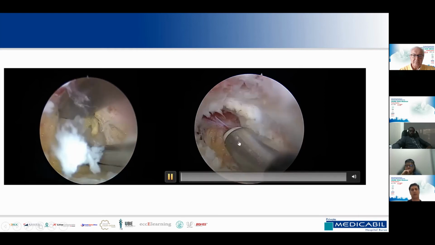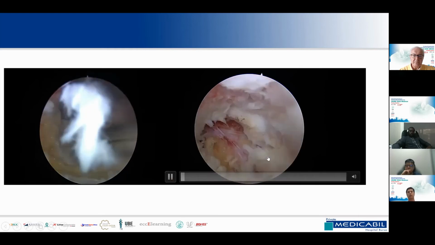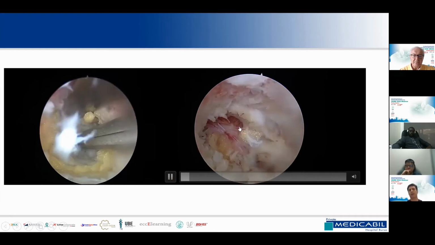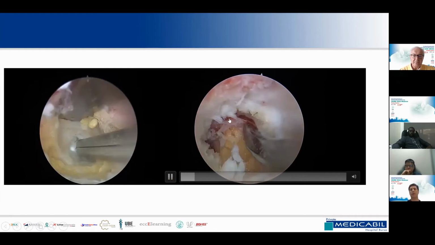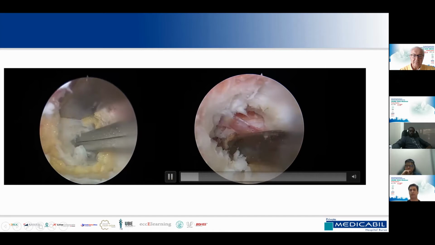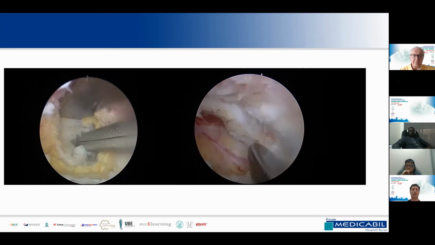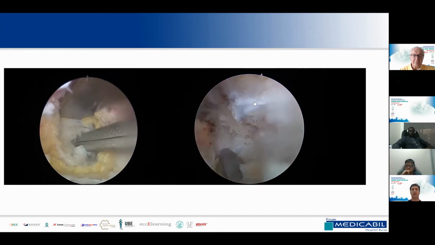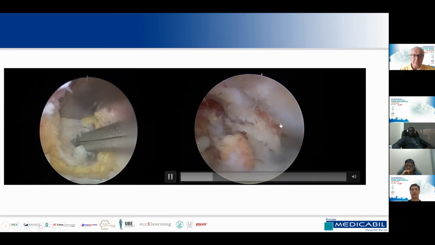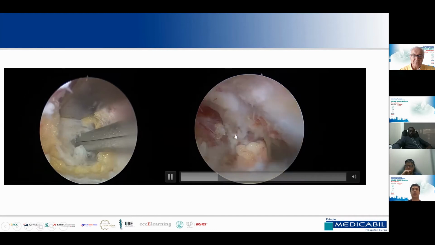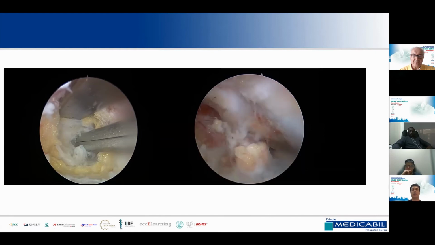Then for L3-4, we did the paravertebral approach to see the L4 nerve roots. See, we did the shortening of the tip of SAP.